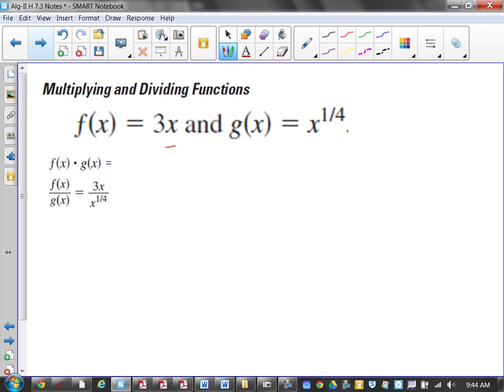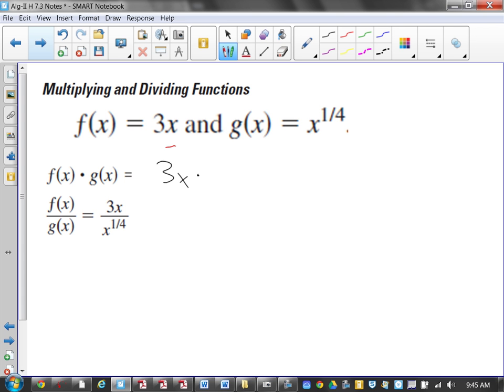Same thing, multiplying and dividing. If my two functions are f of x is 3x and g of x is x to the fourth, and I wanted to multiply them out, it's nothing more than 3x times x to the fourth.